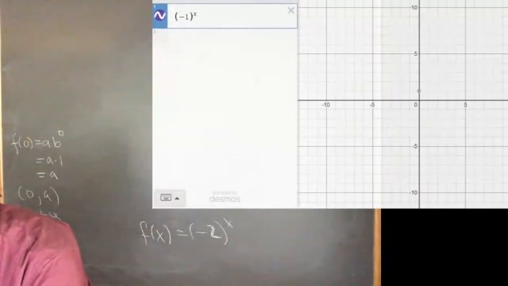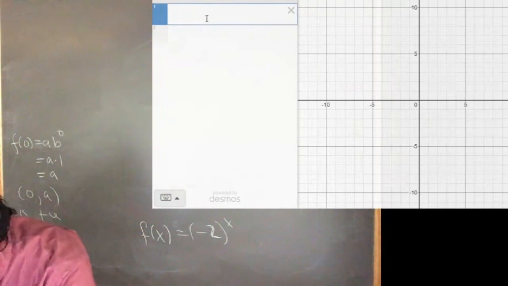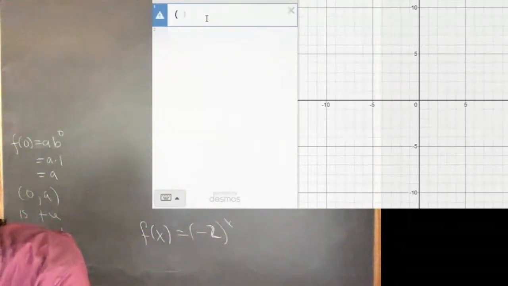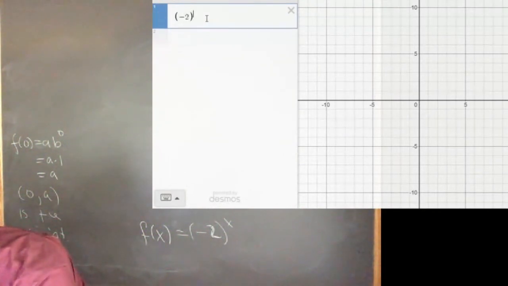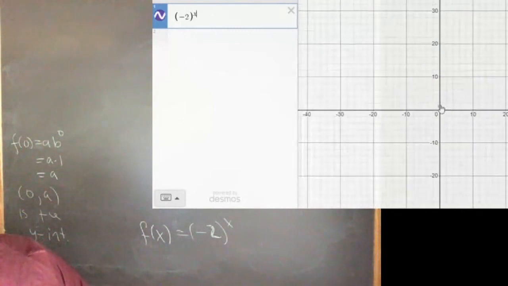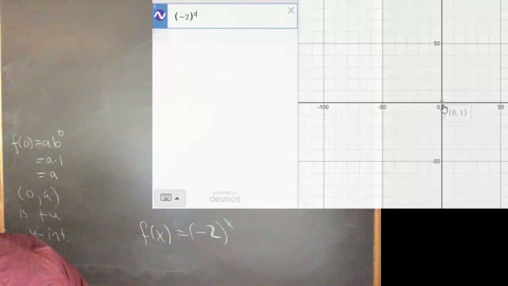You can really see that if you check out Desmos and try to graph something like negative 2 raised to the power of x. Let's call it f of x.